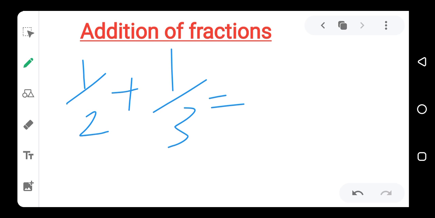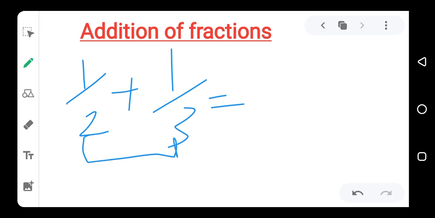Now, if we want to add fractions together, the first thing we do is to look for the LCM of the denominators, that is the numbers below. We have 2 and 3 below. These 2 and 3 are the denominators. So we look for the LCM between them.